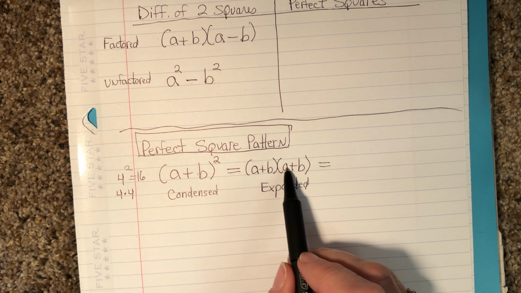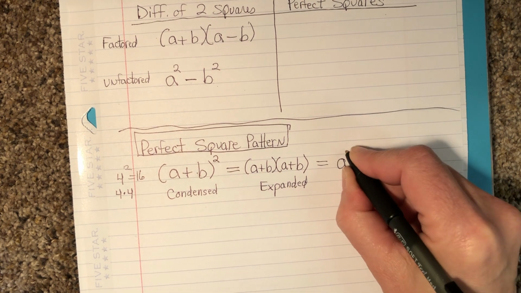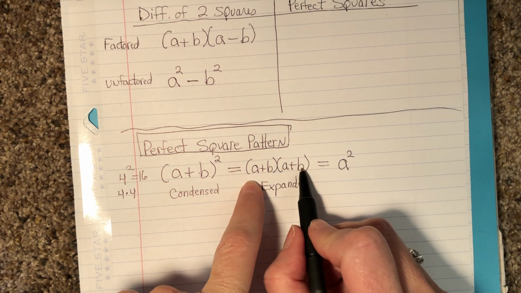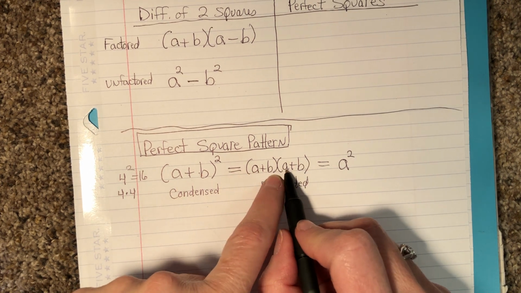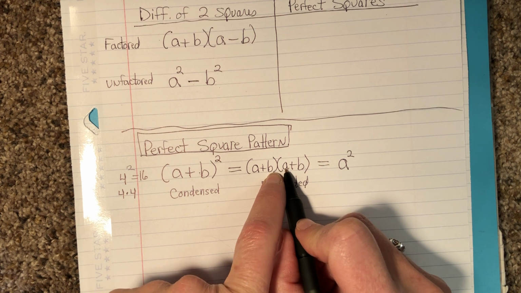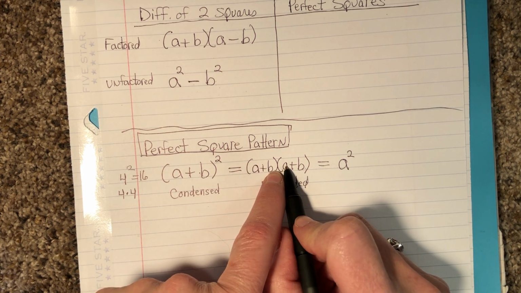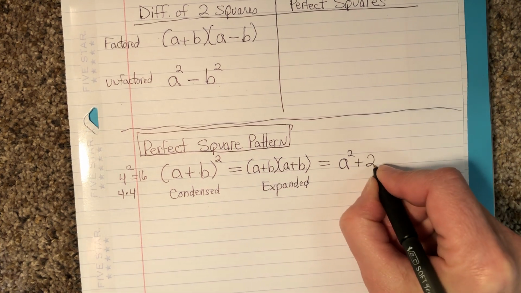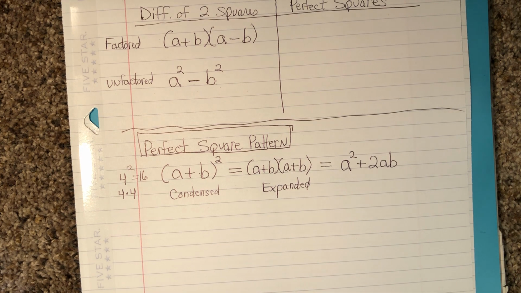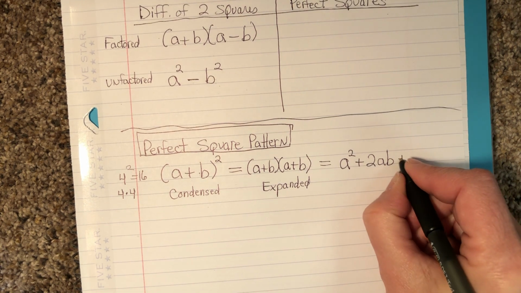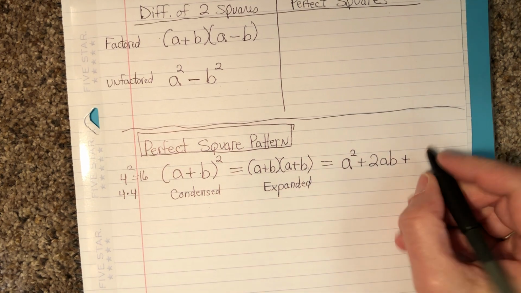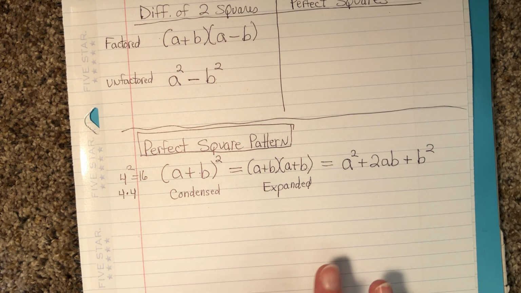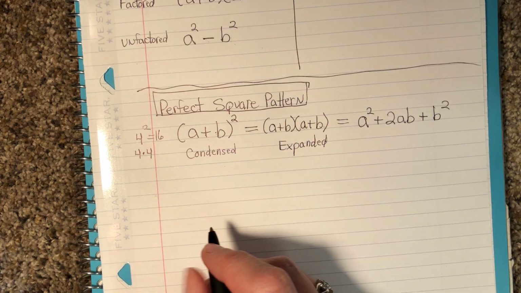If I FOIL this, I'm going to get A squared, and then AB and AB. The outer is AB, the inner is BA, but that's AB. If I add AB plus AB, I'm going to get 2AB, and then the last is B times B, B squared. That's the pattern.